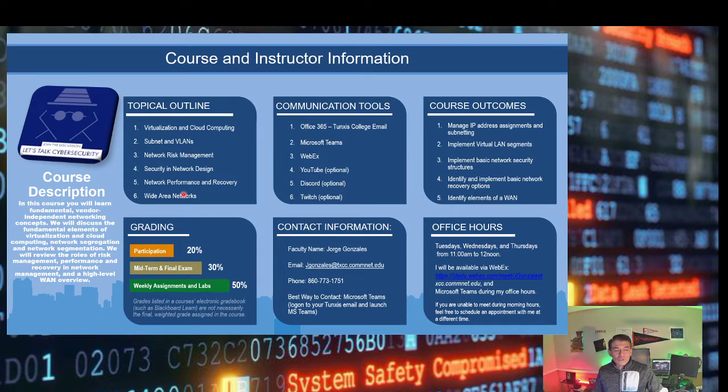The communication tools for the course: since this is an online course, we are going to rely on Office 365, that is your official Tunxis College email. We will also continue using Microsoft Teams for those students that took Network Essentials 1 with me last semester. You are familiar with Microsoft Teams; we used that a lot during the past semester.